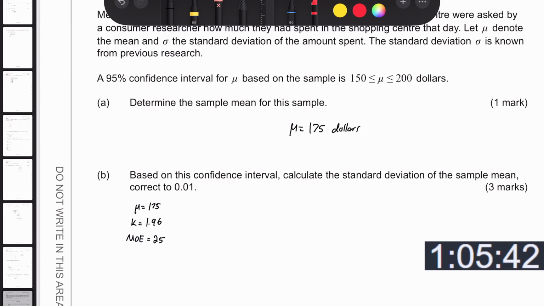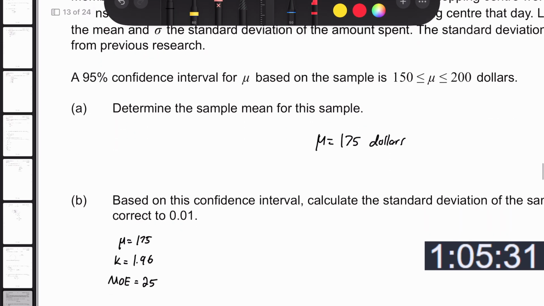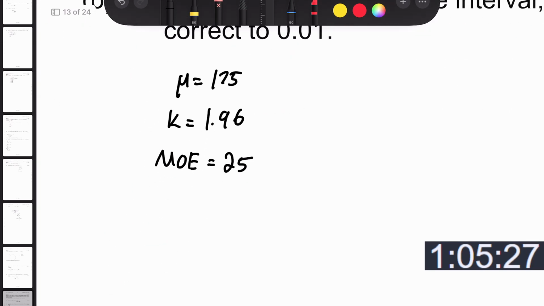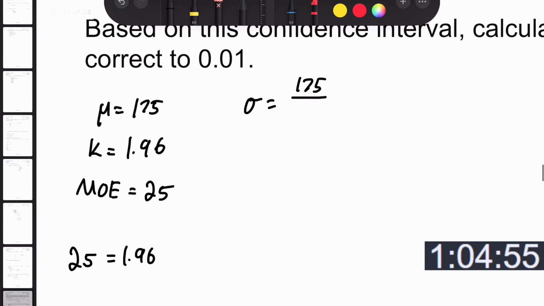Calculate the standard deviation of the sample mean. So my margin of error is 25, which is equal to 1.96 times. Standard deviation is, oh wait, so my standard deviation will be that square root of n. Wait, no, it's not the mean.